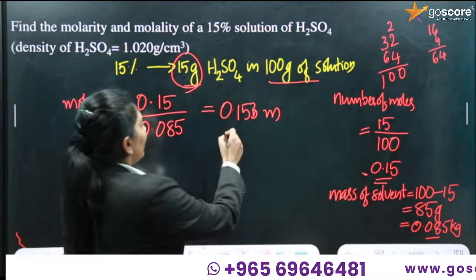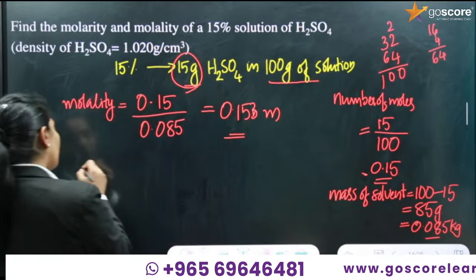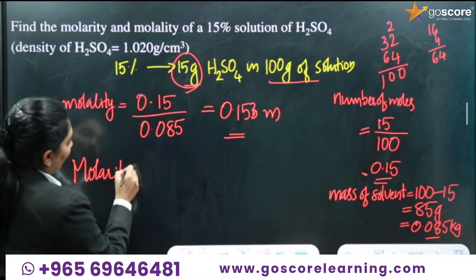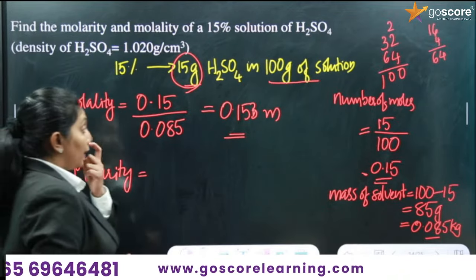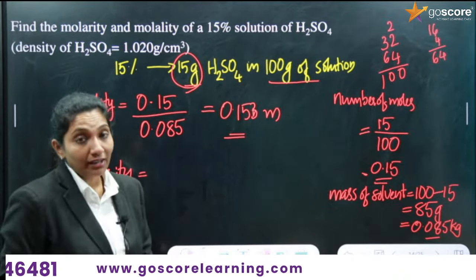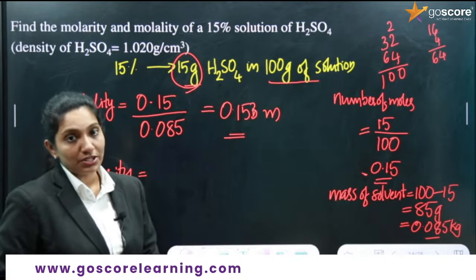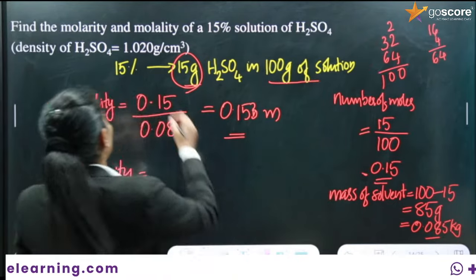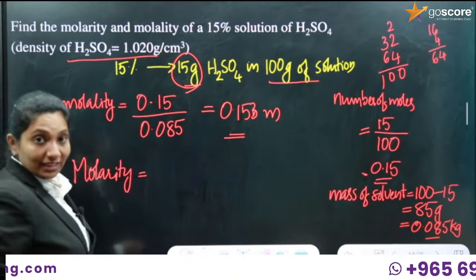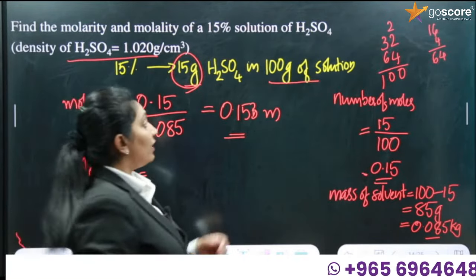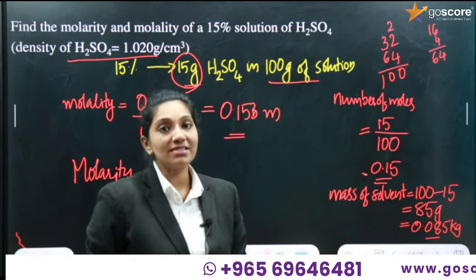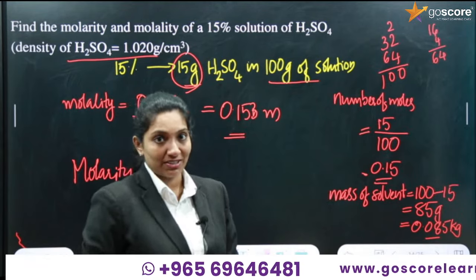Okay. Now, how will we find out the molarity? Molarity is nothing but the number of moles divided by total volume of solution. So how could we find out the total volume of solution? The density is provided here and we know the mass of the solution, so we can easily find out the volume of solution, isn't it?